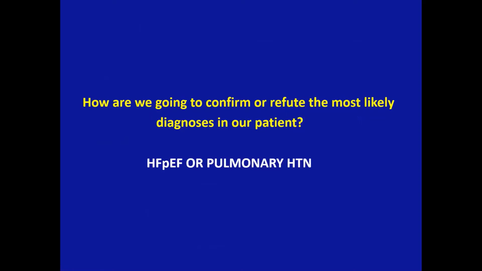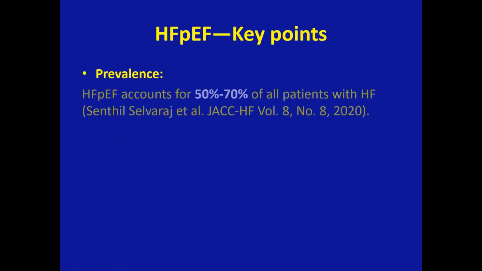So how are we going to confirm or refute the most likely differential diagnosis in our patient, which are either HFpEF or pulmonary hypertension? So before we go on to how we diagnose, just some key points about heart failure with preserved EF and why it is important for us to rule out HFpEF in patients with shortness of breath. So these are the numbers. About 50 to 70% of all patients with heart failure have HFpEF.